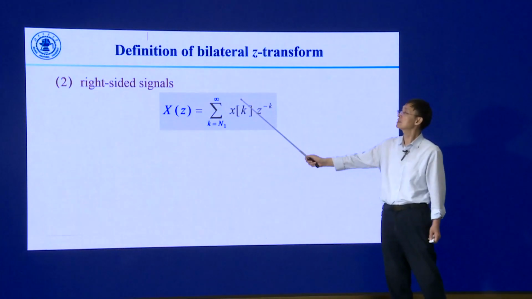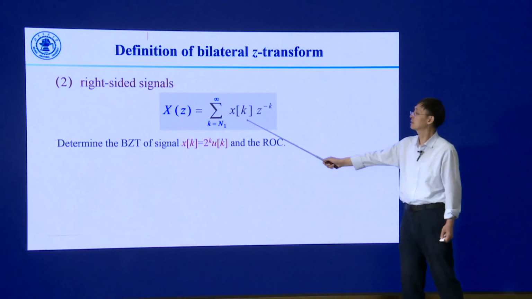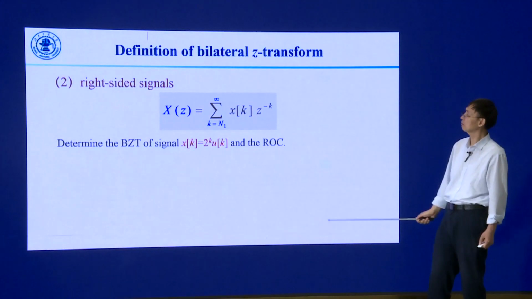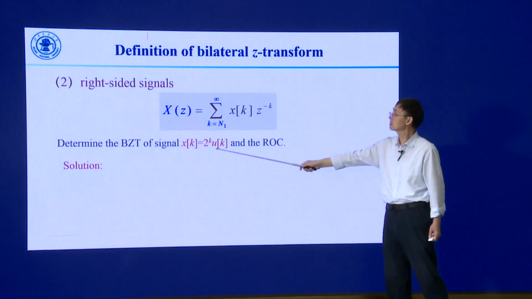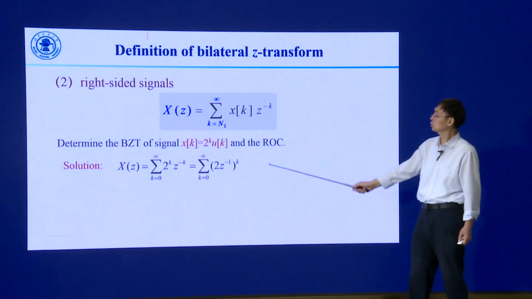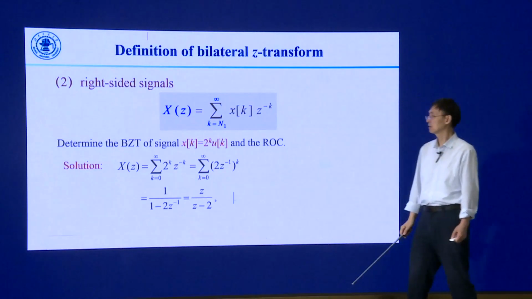For the right-sided signals, according to the definition, we can get the expression for this kind of signal. Here is an example for this right-sided signal. According to the definition, we can get this result.